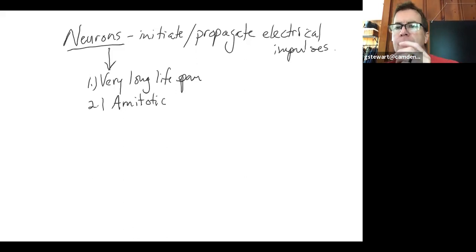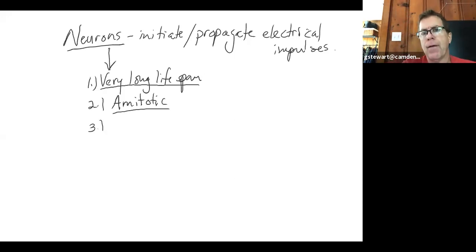That means that the cells cannot divide. And once a neuron dies, pretty much it's gone for good. That's why it's a good thing that they live for 80 to 90 years if something else doesn't happen to us, because they do not have the ability for cellular division. And so the neurons that we form early in life are the neurons that we have for the rest of our life. And finally, number 3, they have a super high metabolism.